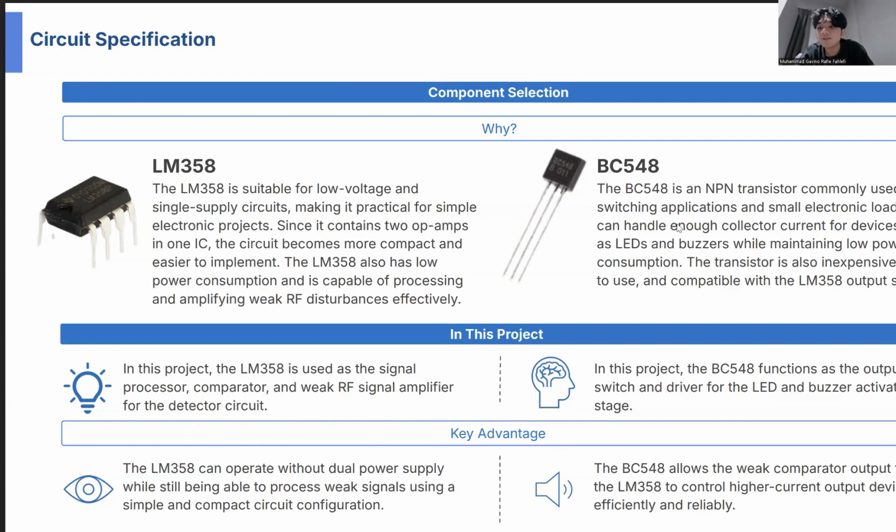Meanwhile, the BC548 transistor is used as the switching stage for the LED and buzzer because it can handle higher current than the op-amp output directly. The key advantage is that the LM358 can process weak signals effectively, while the BC548 allows reliable output switching.